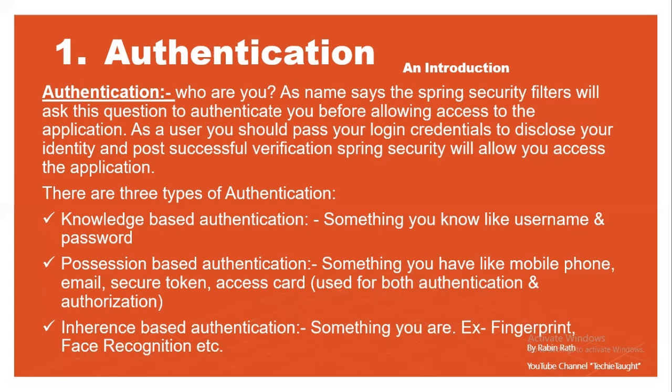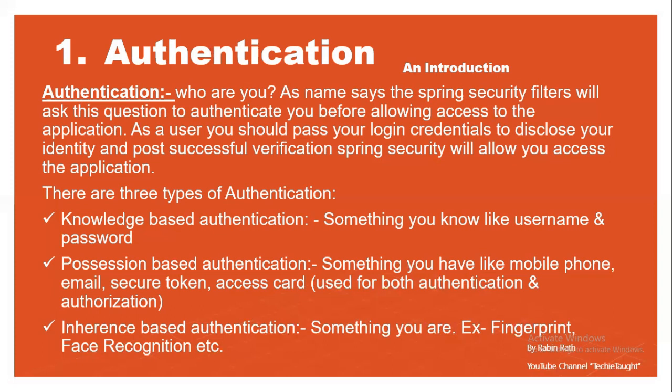The second one: if you implement two-way authentication, or a little stricter, because nowadays lots of scams are happening, we can implement something more secure and harder. The second one is possession-based authentication. So it is basically two-way authentication.